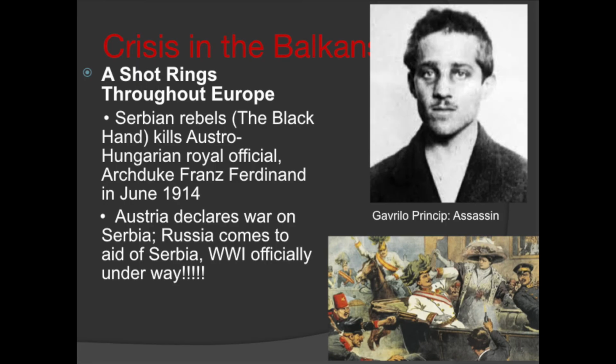Now, problems in the Balkans came to a head on one fateful day, June 28, 1914. On this particular day, the Archduke of the Austro-Hungarian Empire, a man by the name of Franz Ferdinand, would be visiting Sarajevo, which is the capital city of Bosnia-Herzegovina.